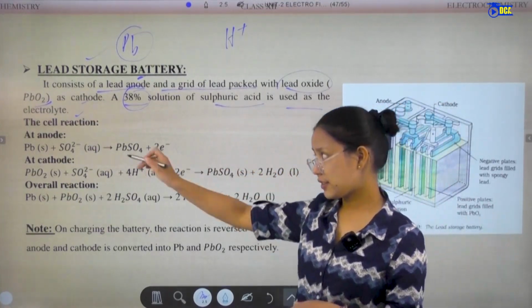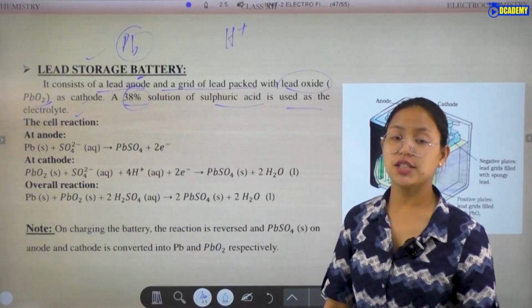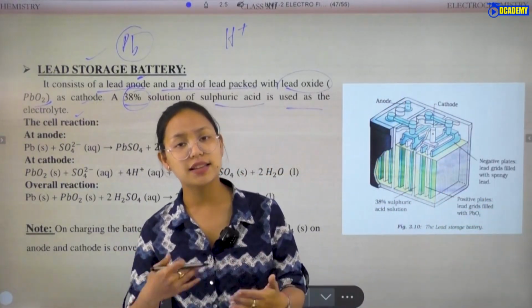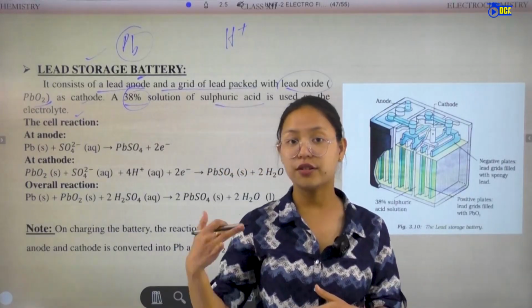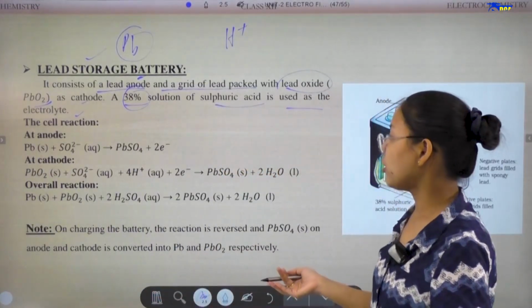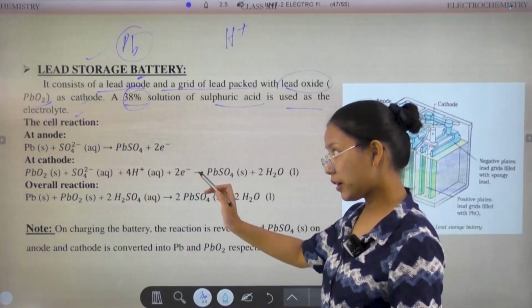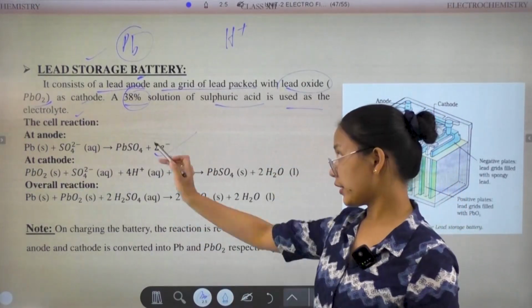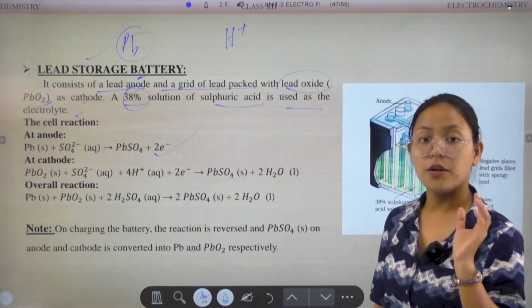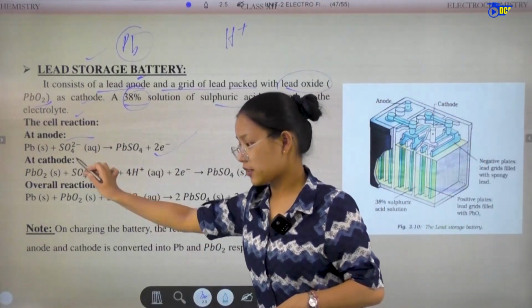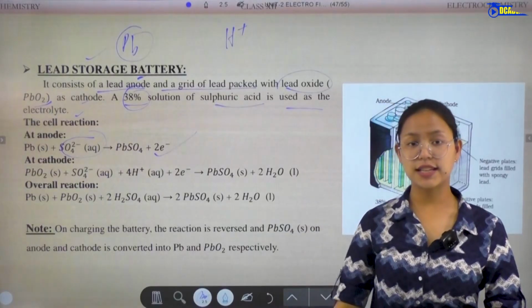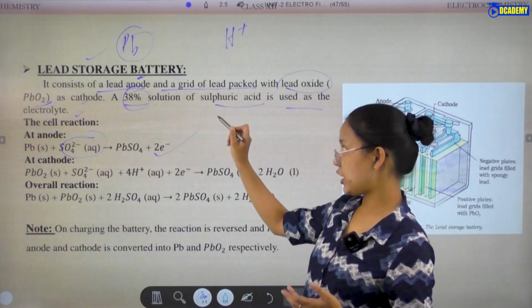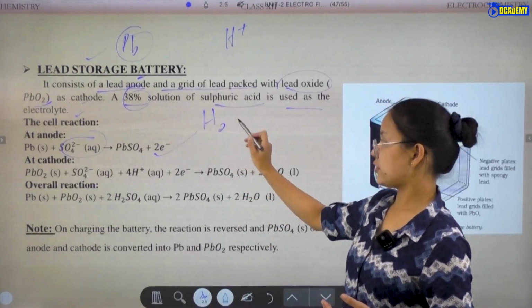Then the cell reaction, which involves oxidation and reduction. At the anode, Pb undergoes oxidation, reacting with the sulfate ion from sulfuric acid, H2SO4.